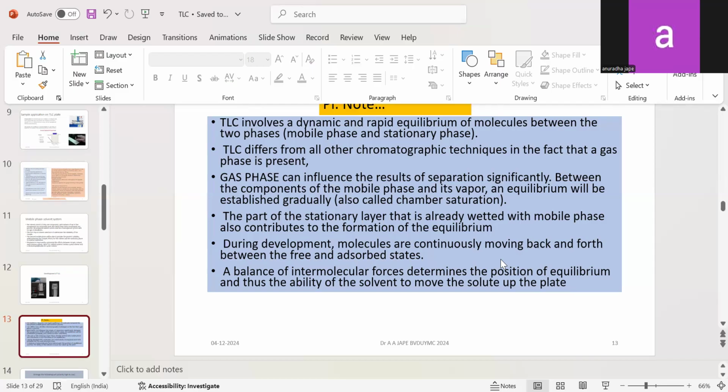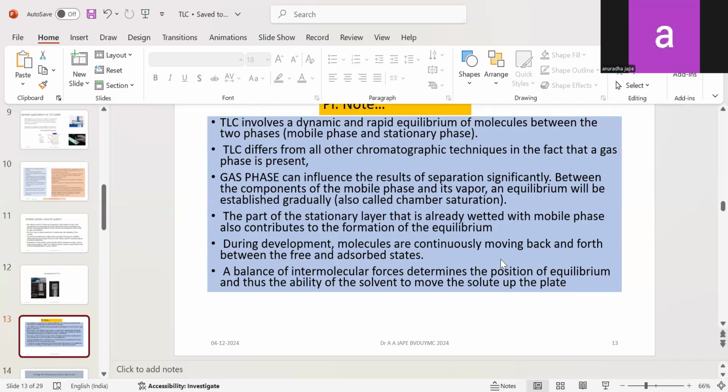The evaporation of organic solvents is taking place at a higher rate. Of course, each solvent has its own evaporation temperature, but at room temperature, when we are conducting the experiment, these are going to go into the vapor phase, and these vapors have to saturate the chamber.